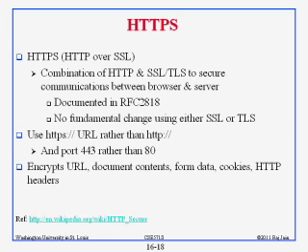With 80, it goes straight to the HTTP module. And with HTTPS, the URL, the document contents, the form data, cookies, everything is encrypted. So the summary is, every time you see HTTPS, you are doing SSL or TLS.